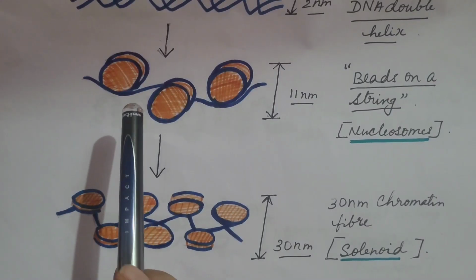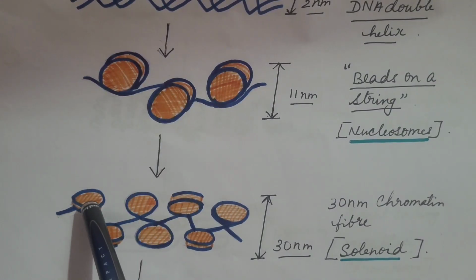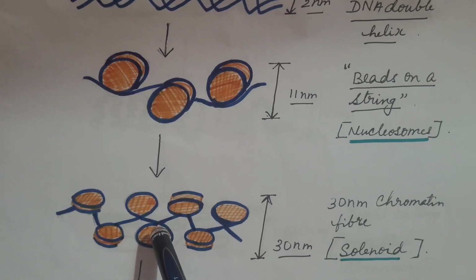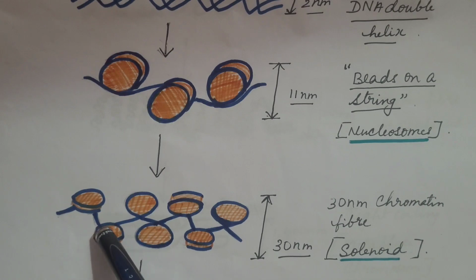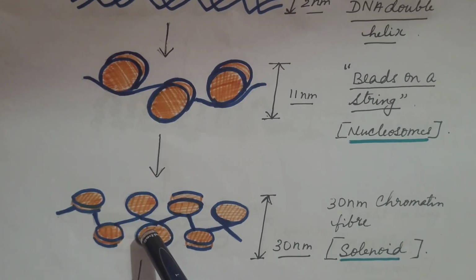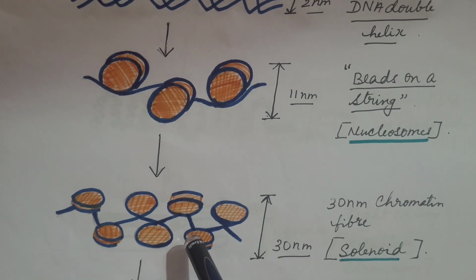So what we have seen is that nucleosomes or chromatosomes are present at regular intervals, and the DNA between the two nucleosomes or chromatosomes is known as linker DNA.